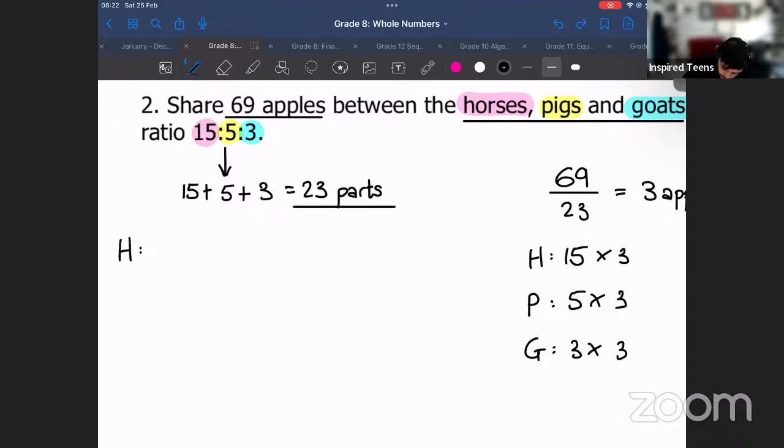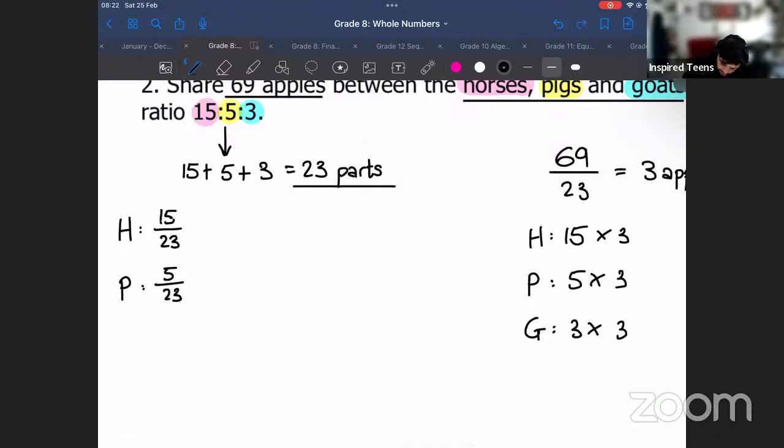But we always want to take whatever our amount is, divided by the total amount, which in this case is 23. So that's how I create the fraction. For pigs, I will say their amount divided by the total amount. We're talking about ratios, the share. Goats, I will say their amount divided by the total amount. So that's how I'm creating this fraction.